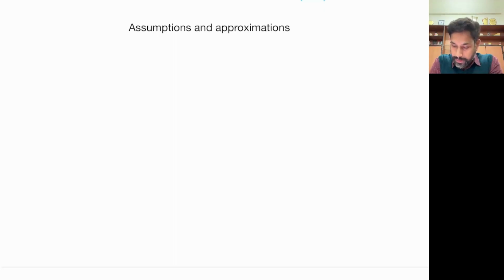This topic is equally important as we have studied other topics like governing equations or dimensionless numbers, etc. And the reason why I say this topic is important is because environmental fluid flows are usually very complex, and if we want to solve them analytically or even computationally, we need to simplify the problem because it has several components and it is very difficult to solve for all components together.